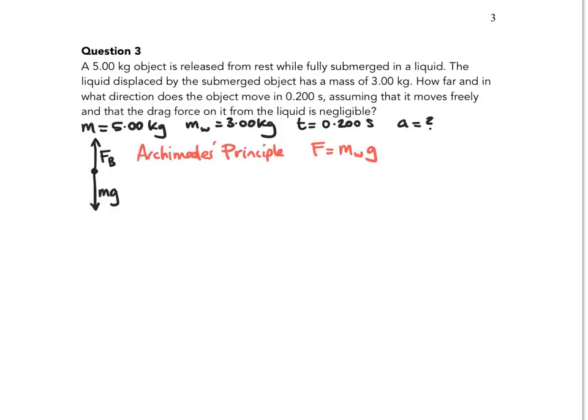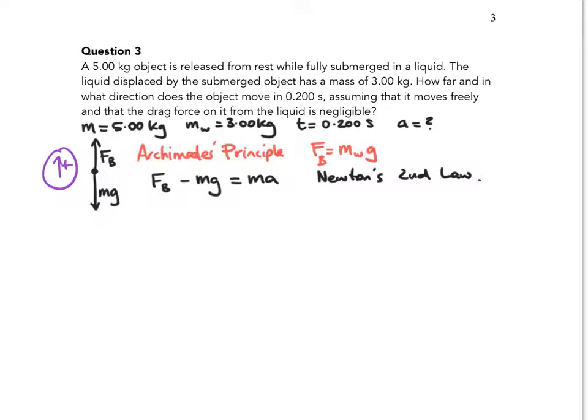So that's Archimedes' principle. So we can use our force diagram here now to balance the forces. We've got the buoyant force FB minus mg equals mass times acceleration. That is just Newton's second law. I'll point out that this is if we take upwards as positive, guys. So we always have to do that in the start. So I can replace FB now in that equation, the buoyant force, with the weight of the water displaced.